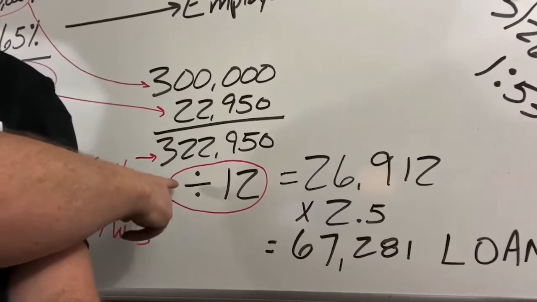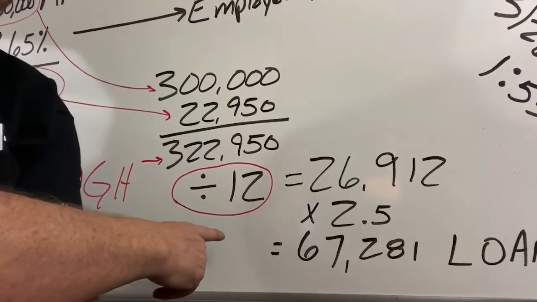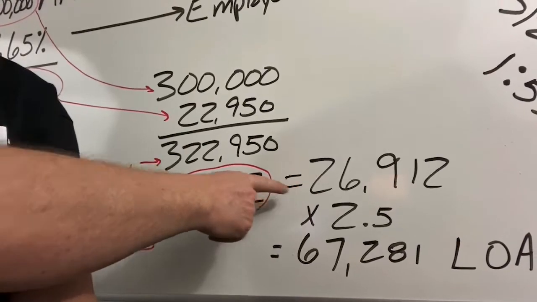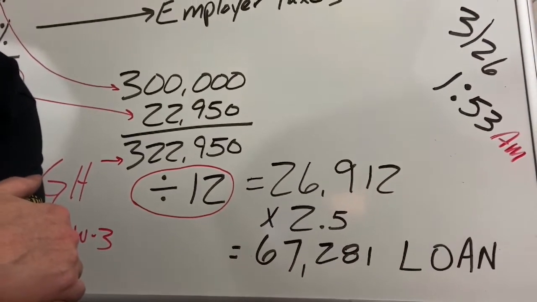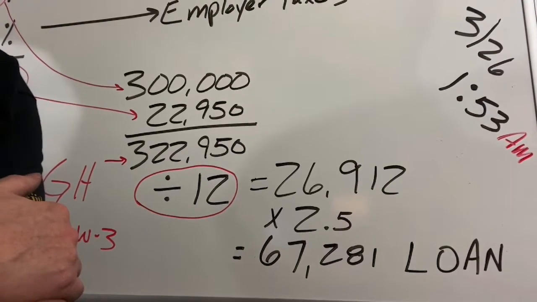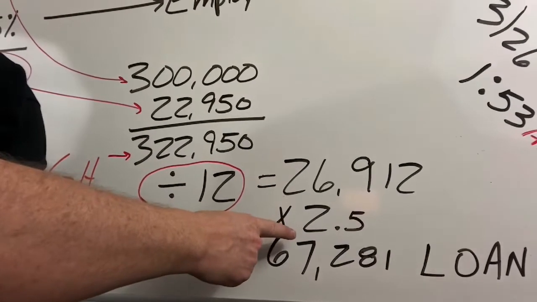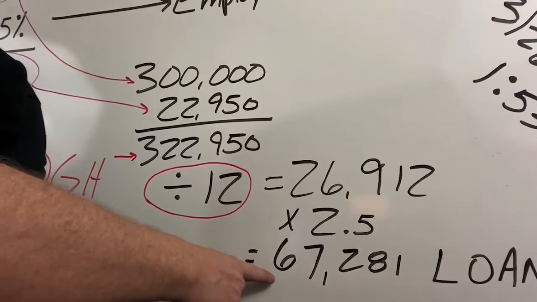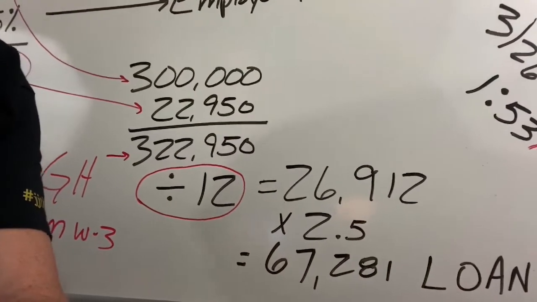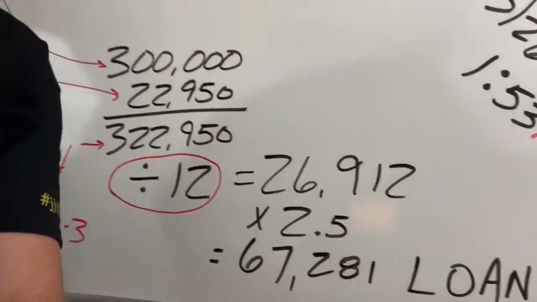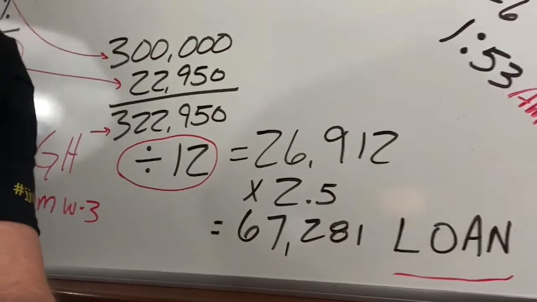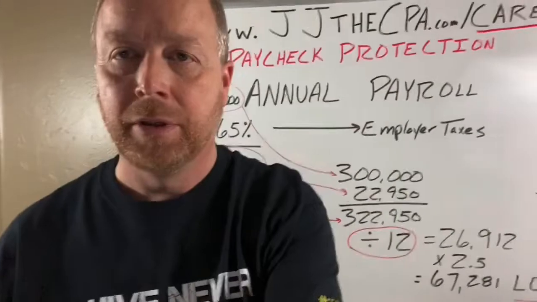So you take that total divided by 12, that $26,912 is the monthly average times 2.5. That's what's allowed. 2.5 equals $67,281. That's your loan. Okay? There's your quick and dirty.